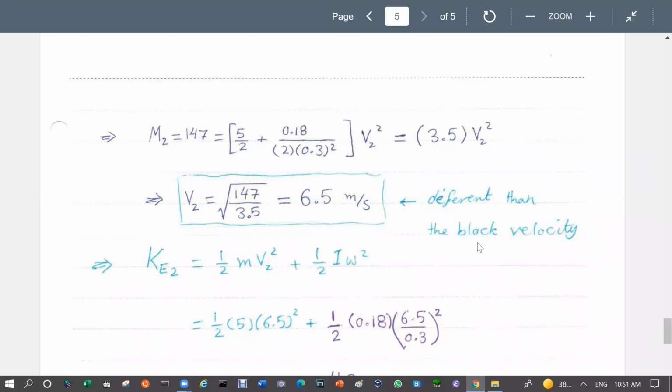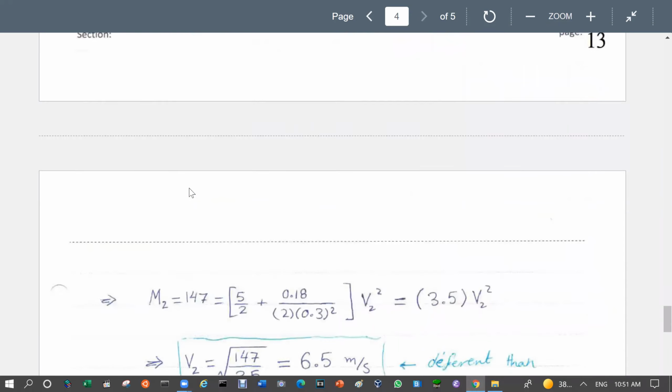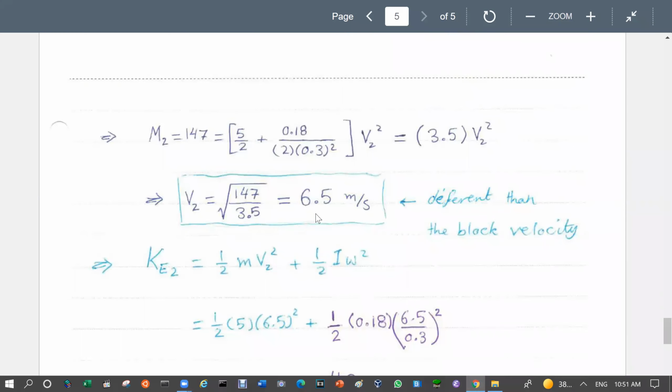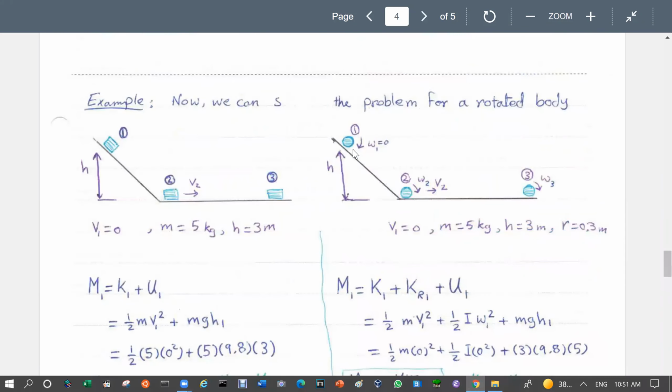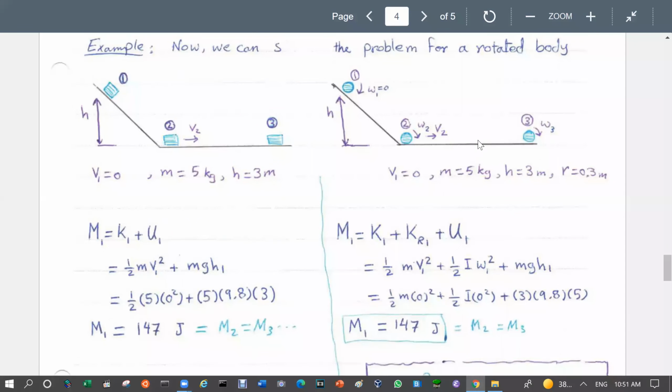It is different than the block velocity, which is 7.7. Why did that happen? We have a different velocity, we have the same mass, the same experiment, but a different shape. Because we have a rotational motion, we have a different final velocity between the two objects.